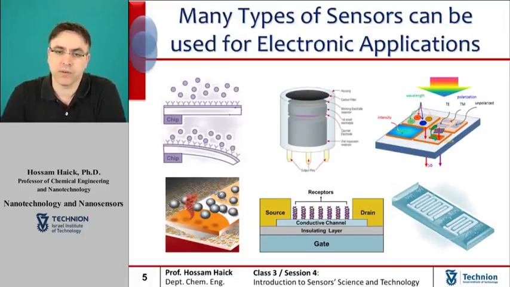Many types of sensors can be used for electronic nose applications. Metal oxide sensors are considered as one of the standard sensors. Other sensors are based on surface or bulk acoustic wave, field effect transistors, or conducting polymer sensors.